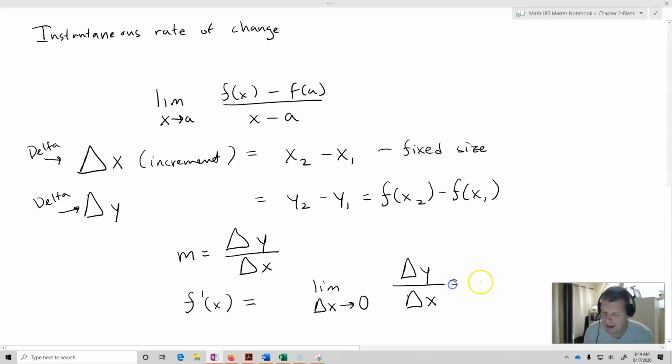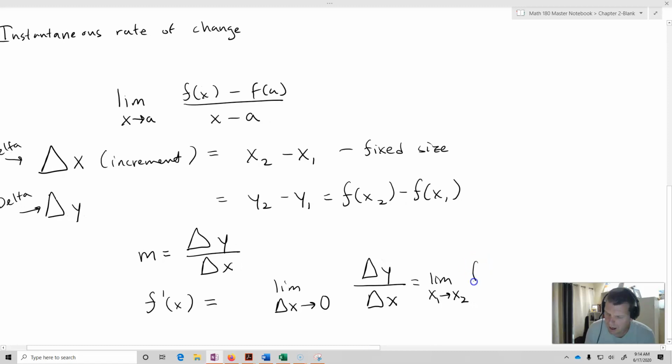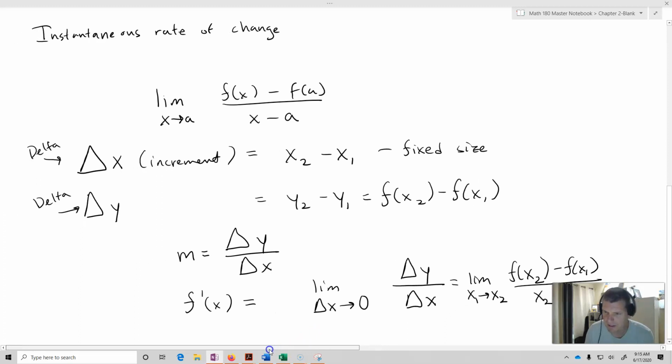We might write this as the limit as x1 approaches x2 of f of x2 minus f of x1 divided by x2 minus x1. And that's just some notation that we're going to see for instantaneous rates of change and for derivatives.